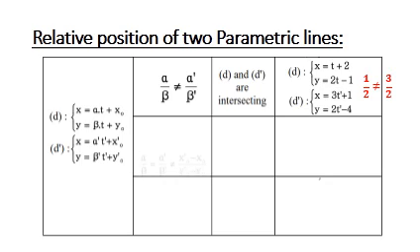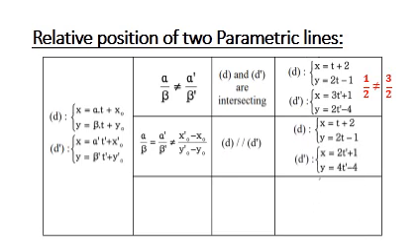But if those two ratios are equal and they are not equal to the third ratio, which is (x' 0 minus x 0) over (y' 0 minus y 0), then they are parallel. So let us take an example. I have those two straight lines. I'm going to put the coefficient 1 over 2. Is it equal to 2 over 4? It is equal.